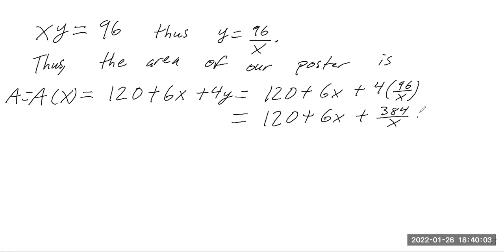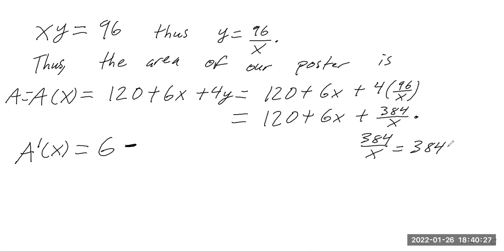So keeping that in mind, now it's time for the optimization part. We take our derivative. First term vanishes. The second one, simple power rule, we just have 6 left. The next one, keep in mind that 384 over x can be written in the following way.